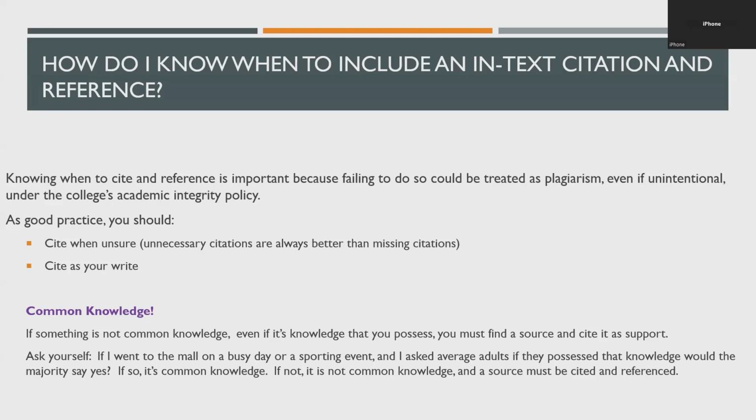I don't need a source to back that up. But if you're presenting information that an average adult probably wouldn't know, if you were to walk up to a random group of strangers and they would have no idea what you're talking about, that's probably something that you should back up with a source. You should find an article or a website that supports that information, even if that's just something that you know.